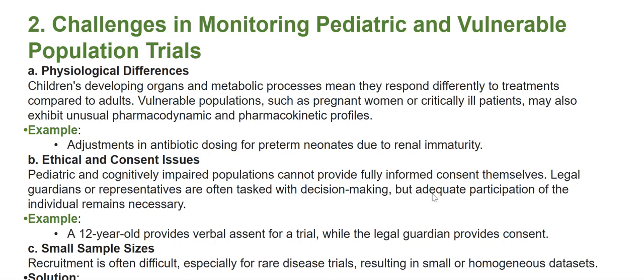So, even with that, the adequate participation and involvement of the individual, who is the participating patient or subject, needs to be maintained. Example: a 12-year-old provides verbal assent for a trial, while the legal guardian provides consent. Simple as this example.